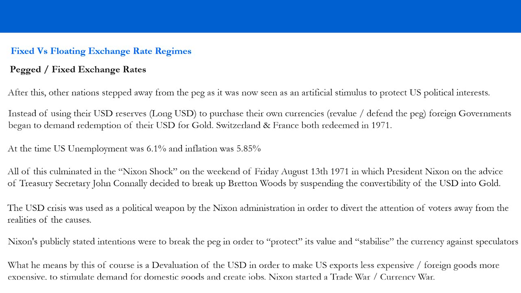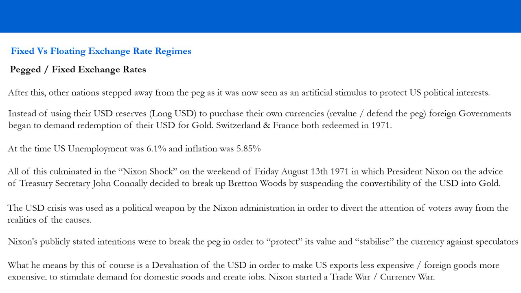And this created an overall US dollar crisis, which was then used as a political weapon by Nixon in order to divert the attention of voters away from the realities of these causes, which was essentially America having a protectionist system looking after their own political interests and maintaining their deficit.